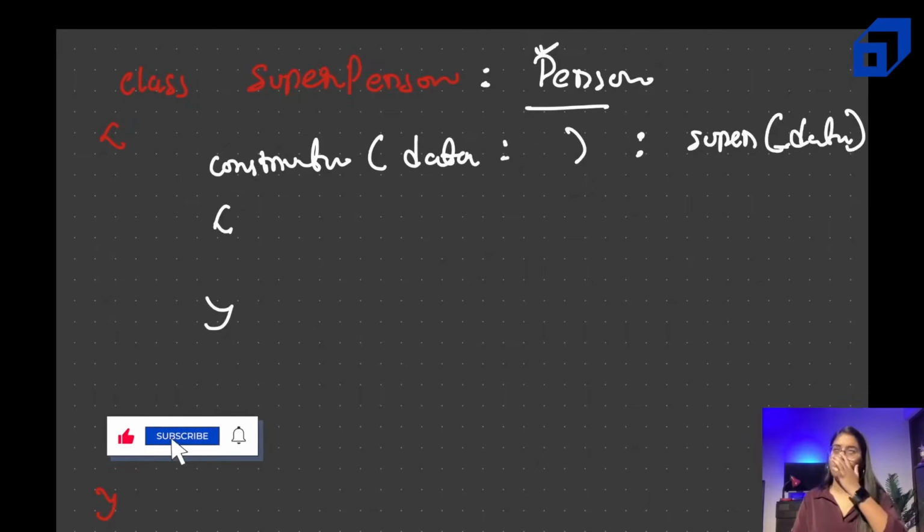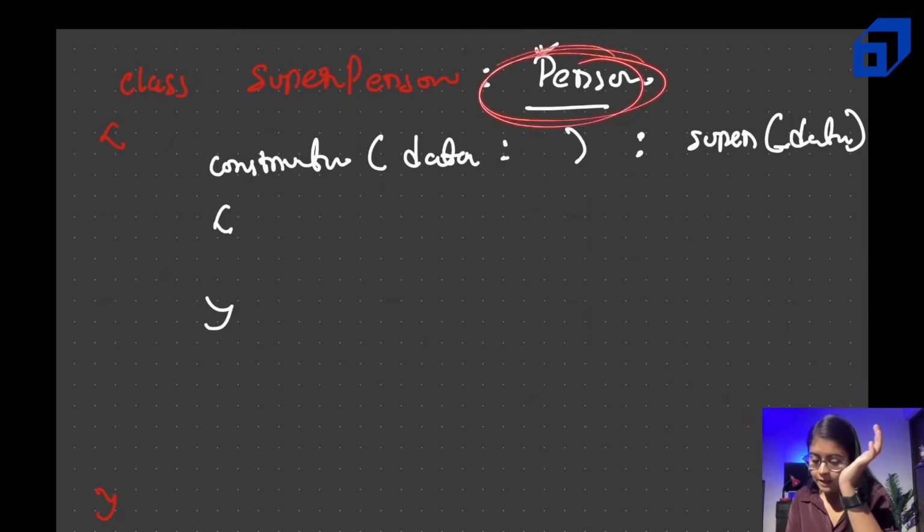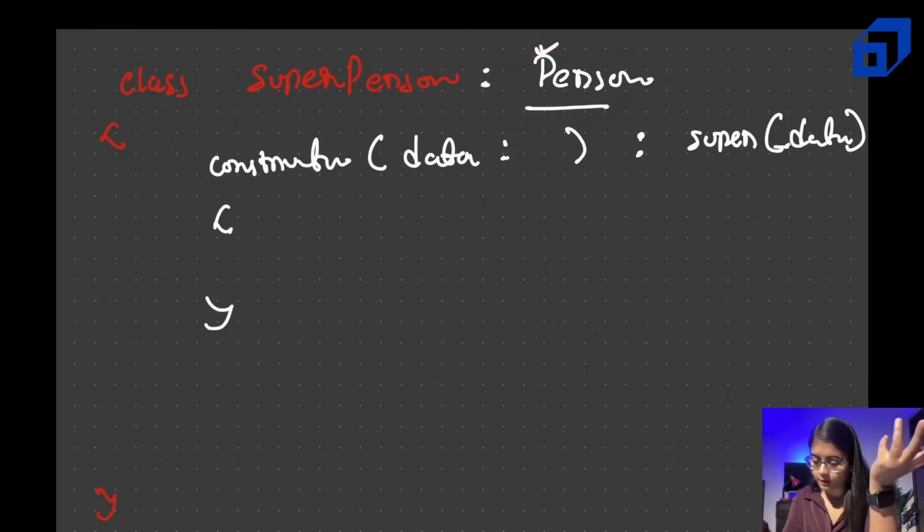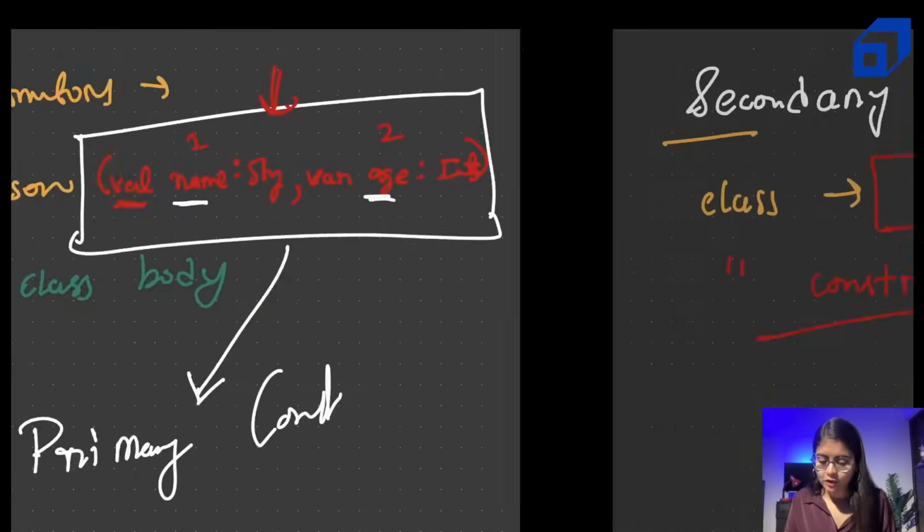If you have a class which extends a class, and this class has multiple secondary constructors, then in case you want to use the constructor of this class, then the super keyword is the go-to thing for you, okay, and you can just use the super keyword. So I hope it's pretty much clear.